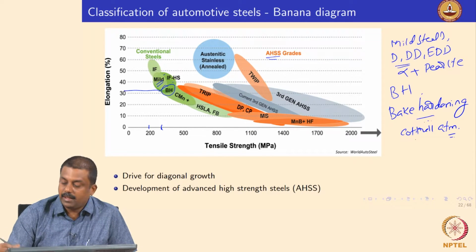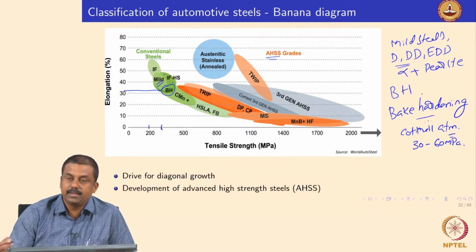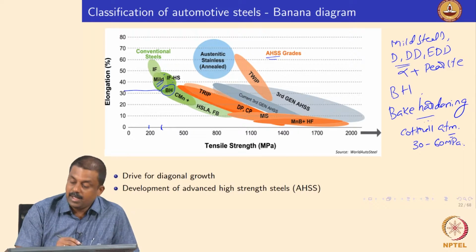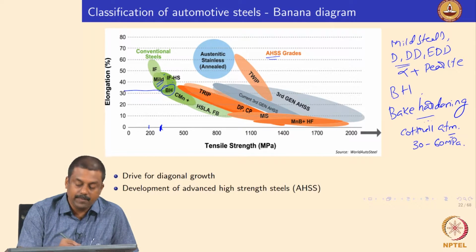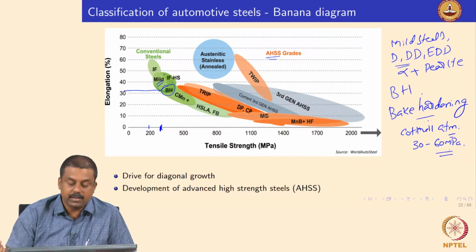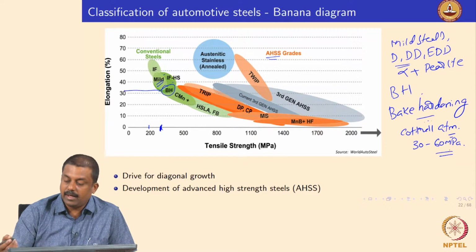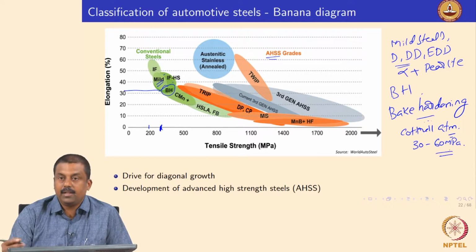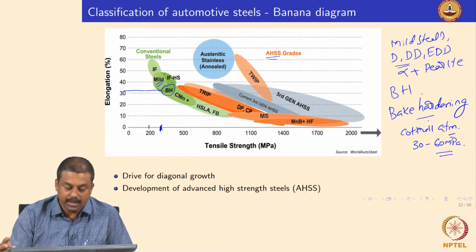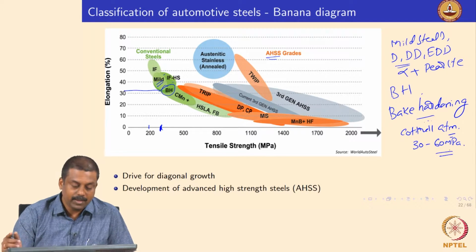The strength gain can go up to about 30 to 60 MPa, which was considered at that time very good, because the base material has a strength of 250 MPa. After the paint baking cycle, you gain about 30 to 60 MPa strength. So it is useful, especially because all the automotive components are also painted and then baked. So we take advantage of the carbon migration to the dislocation front to increase the strength.